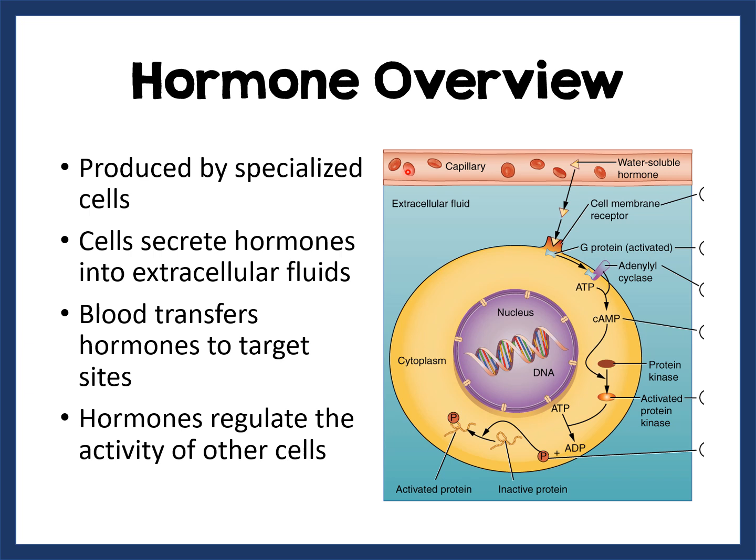Blood will then transfer hormones to their targeted cells. So that hormone will then diffuse and bind to a receptor on that cell. And then that hormone binding to the receptor will regulate the activities of that cell.